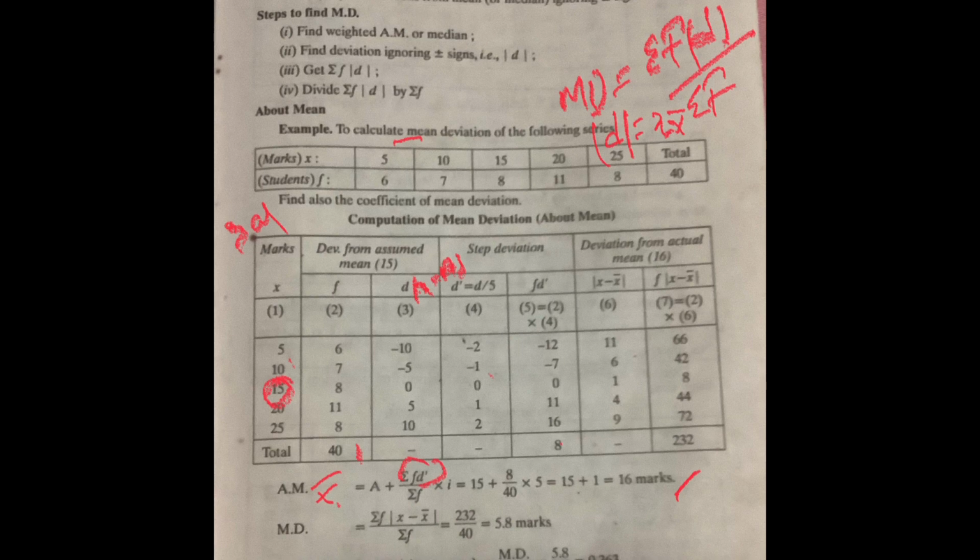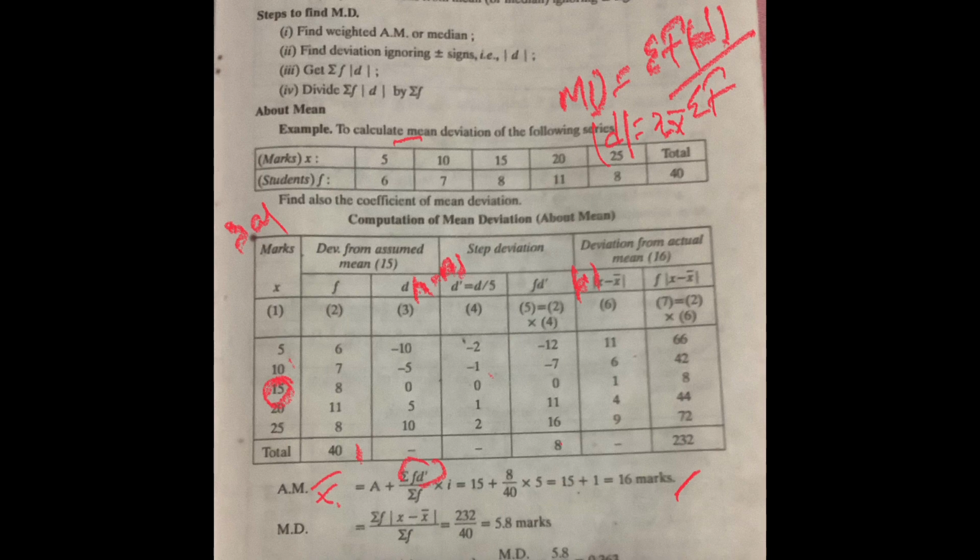Now we found x bar, so we can easily find d modulus. D modulus is equal to x minus x bar. Our first x is 5, and 5 minus 16 is minus 11, but here you have to ignore the sign since we are finding d modulus, so it is 11.